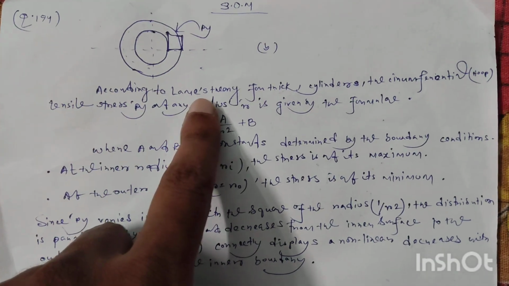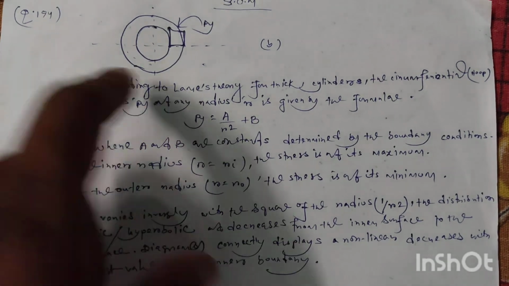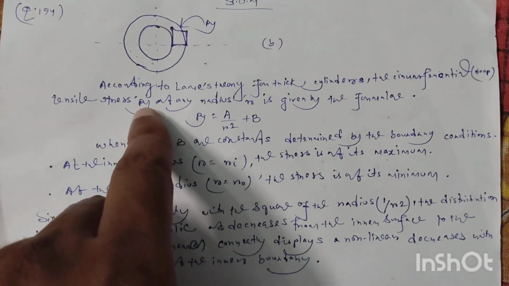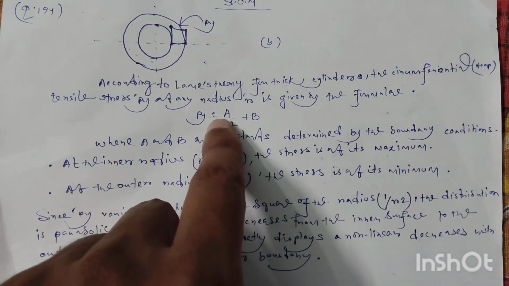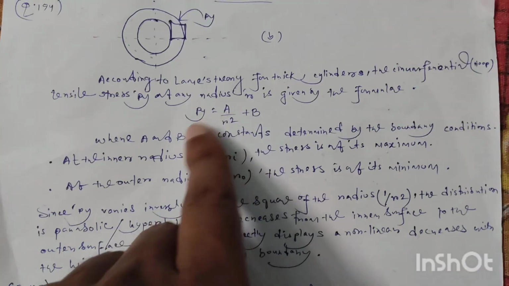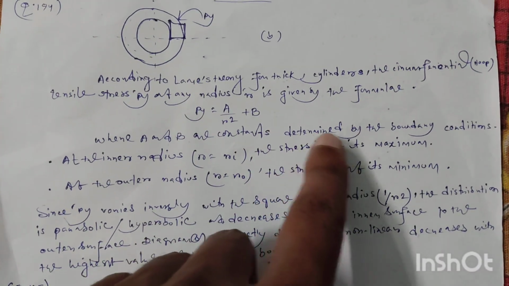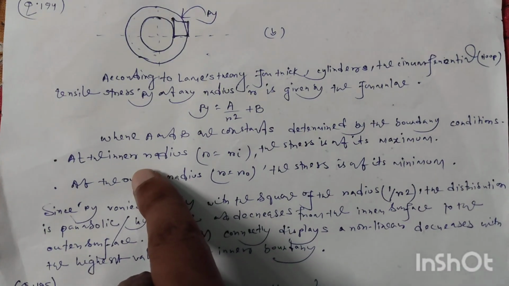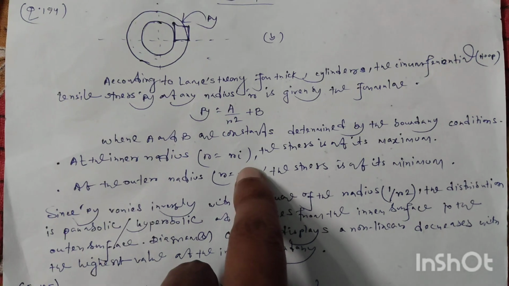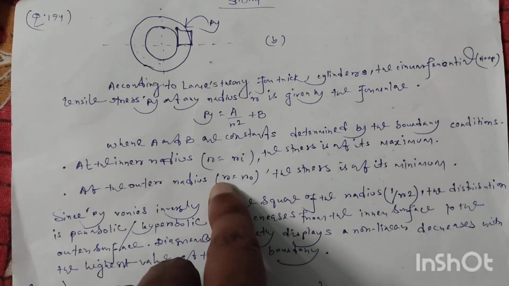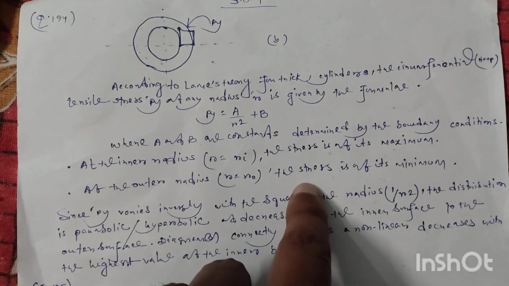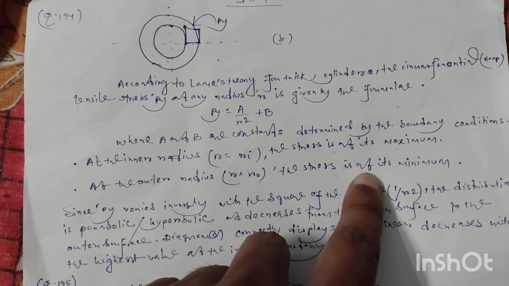According to Lame's theory, for thick cylinders, the circumferential or hoop tensile stress Py at any radius r is given by the formula Py equal to A by r square plus B, where A, B are constants determined by the boundary conditions. At the inner radius, r will be equal to Ri, the stress is at its maximum, and at the outer radius, r is equal to Ro, the stress is at its minimum.